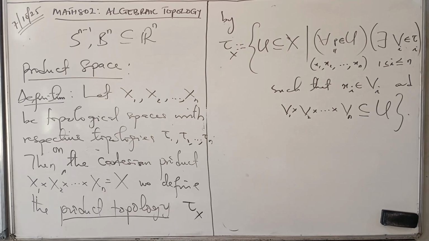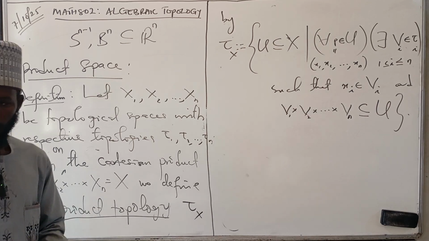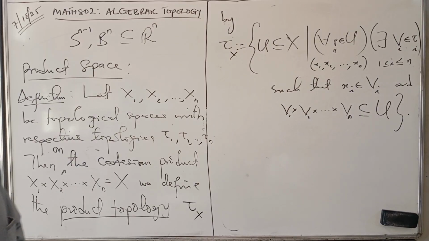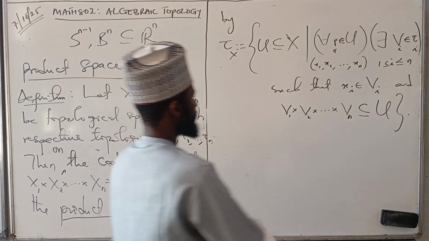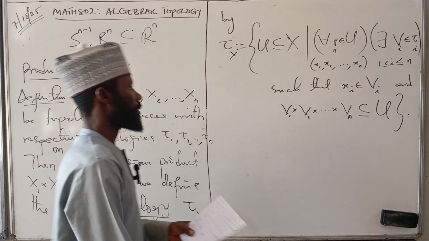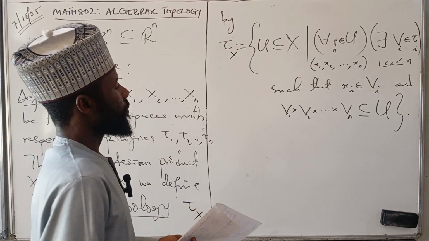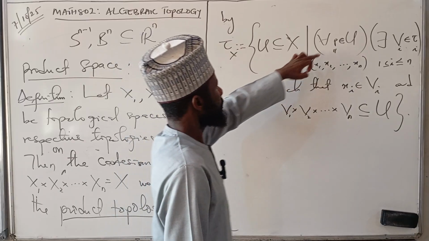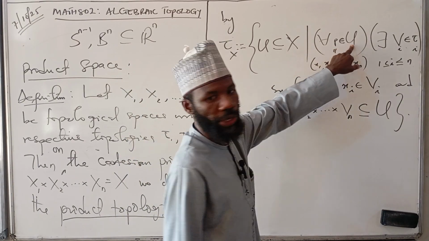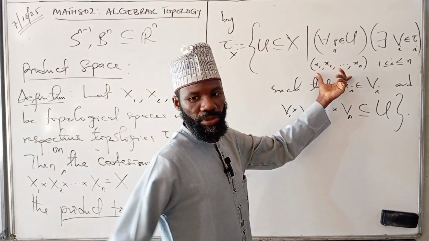That's how we define the topology, okay? The product topology. Well, it's like you are saying, corresponding to every point, these points are tuples.